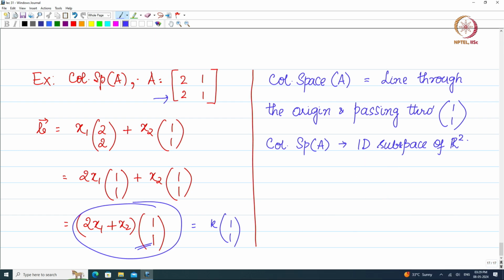Is that okay? And it is also interesting for this particular matrix A that we found the null space of A. What was the null space of A? The null space of A was also a one dimensional subspace of R2.